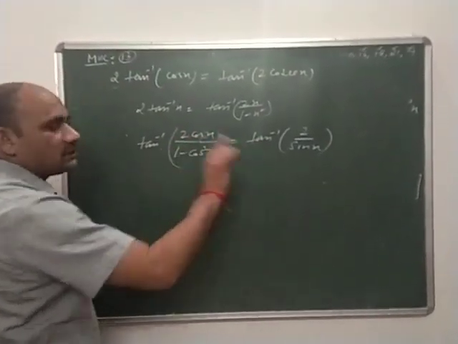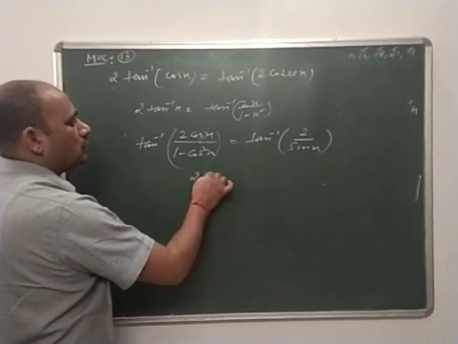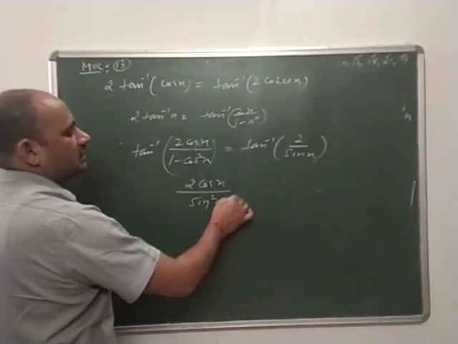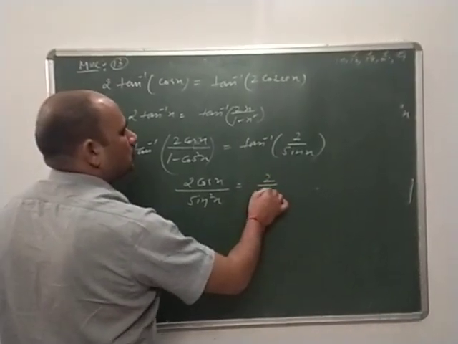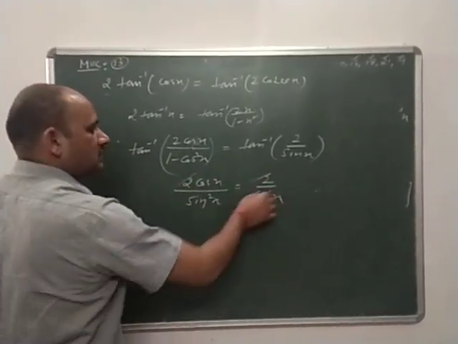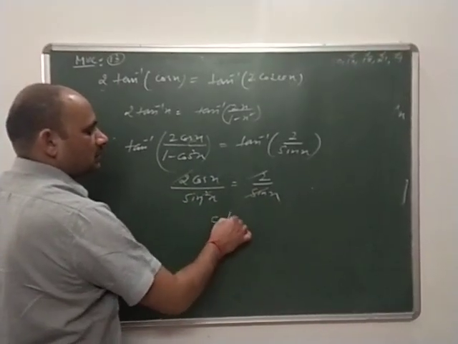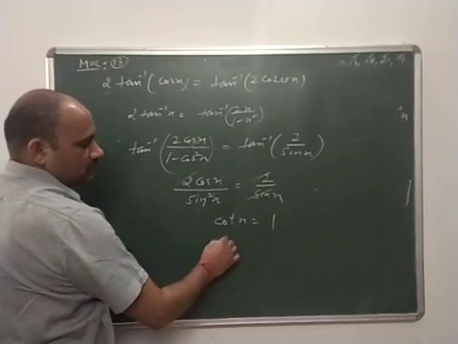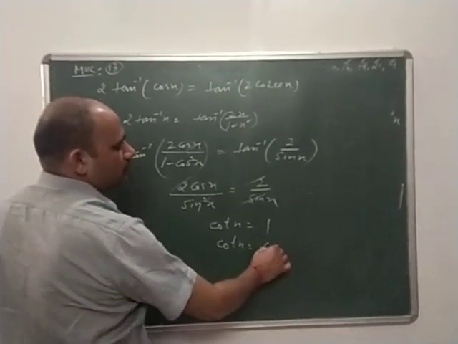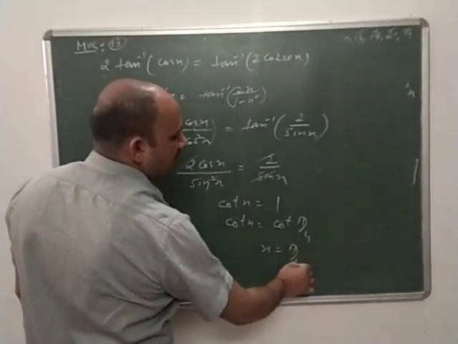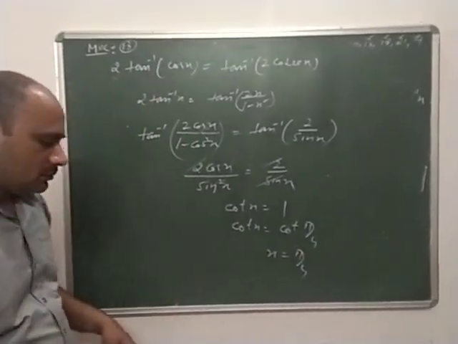Now tan inverse cancels. 2 cos x upon sin square x, 2 by sin x, 2 cancels, one sin cancels, cos by sin is cot x, that is 1. You know cot pi by 4 is 1. Cot cancels, then the value of x is pi by 4.